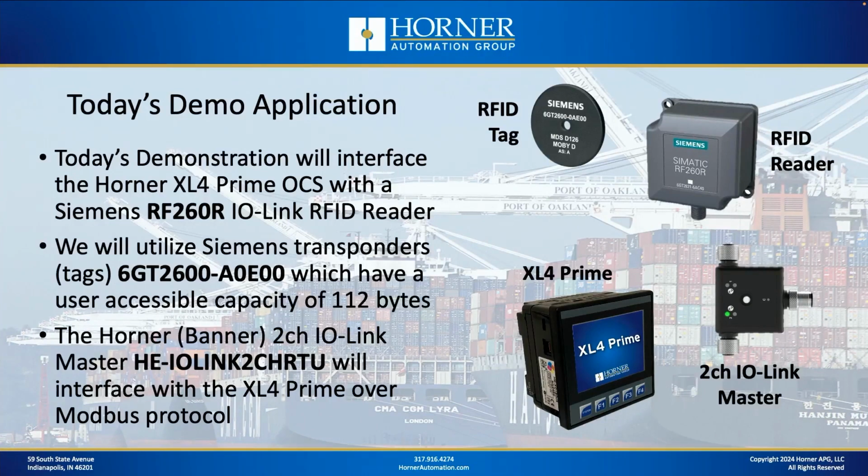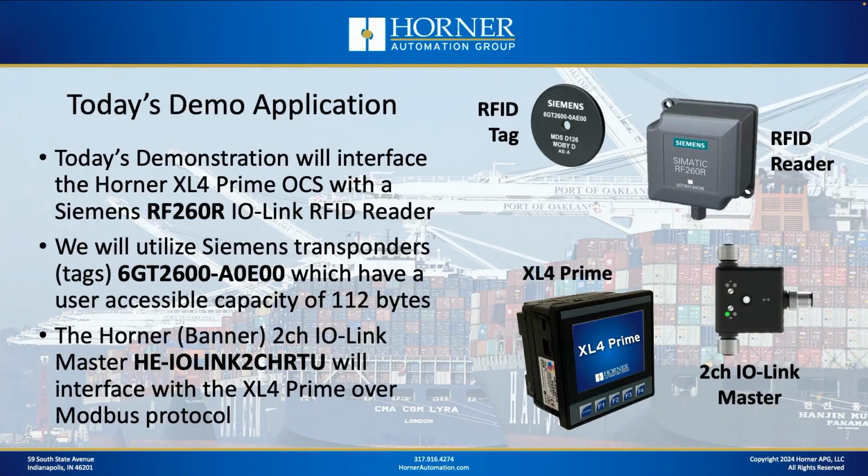So let's get into the meat and potatoes of the application, starting with just a quick review of the components that we're using for today's system. So we're starting with an XL4 Prime OCS, so that's a 4-inch model, but you could use really any Horner OCS. We're using, as we mentioned earlier, a Siemens RFID reader, an RF260R.